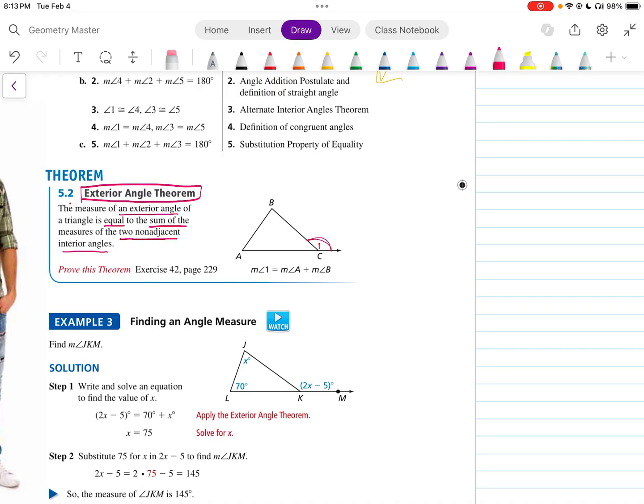This angle, angle 1, is equal to angle A plus angle B. That's what it means to be non-adjacent. They're not next to it. Angle C would be adjacent to angle 1. So we're looking at the ones that are not adjacent. And those two equal the remainder of the line, which makes sense because the line and the interior angles of the triangle all equal 180 degrees.